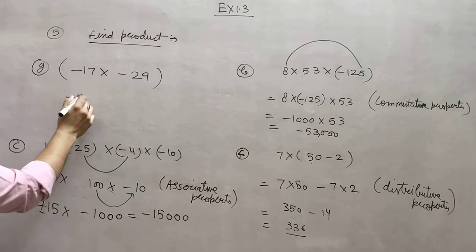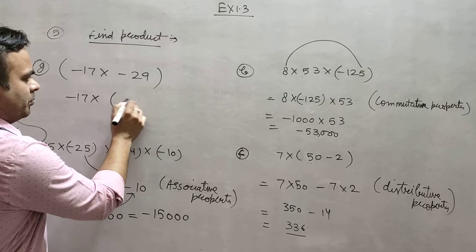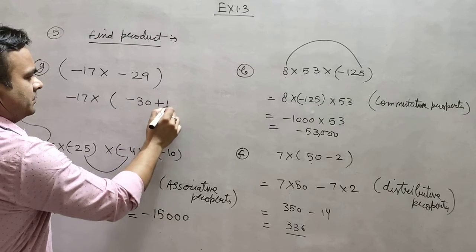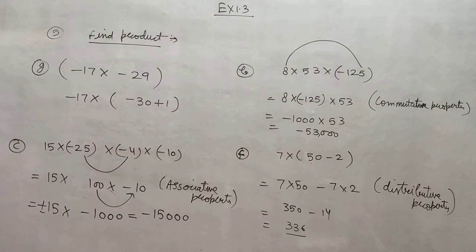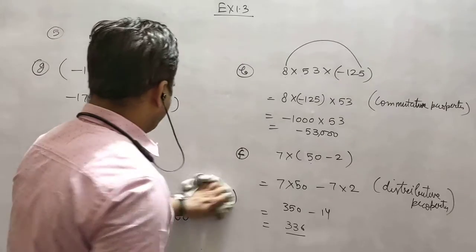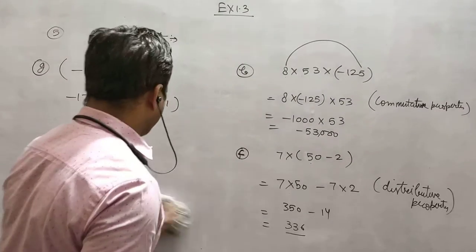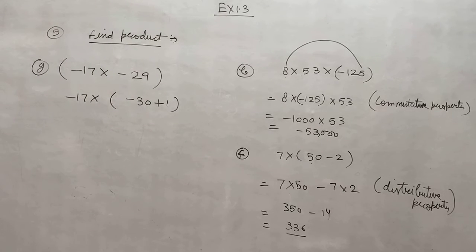Okay, minus 17. Can we write it like this? Minus 30 plus 1. It is minus 29 right now also. Only we have changed the form. We have converted it into the sum of two numbers.